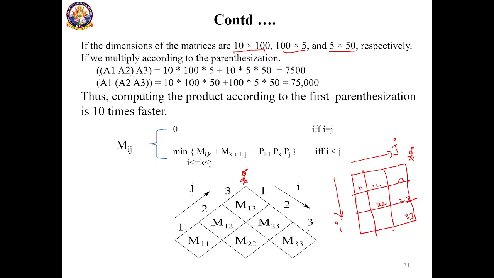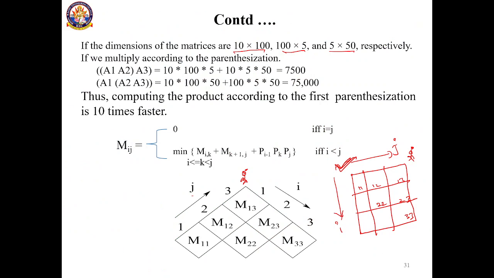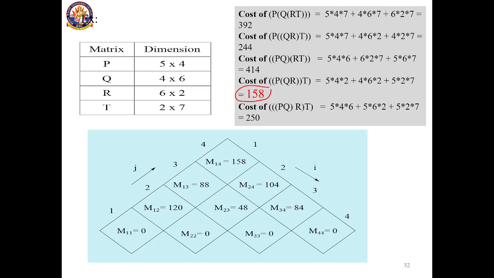If I rotate my table from this position, then this becomes the j and this becomes the i. Don't get confused, these two angles are the same. In your examination, you need not maintain the table in diagonal format. You will write the same table and you will get the full mark. So the table view is not important here.